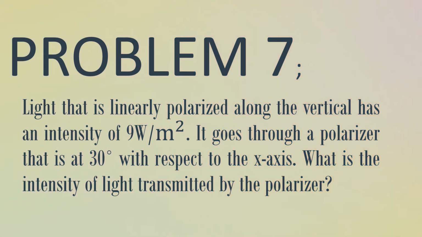Let's have a problem under polarization. Light that is linearly polarized along the vertical has an intensity of 9 watts per square meter. It goes through a polarizer that is at 30 degrees with respect to the x-axis. What is the intensity of light transmitted by the polarizer?